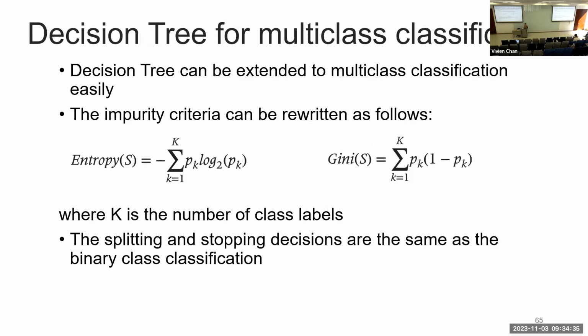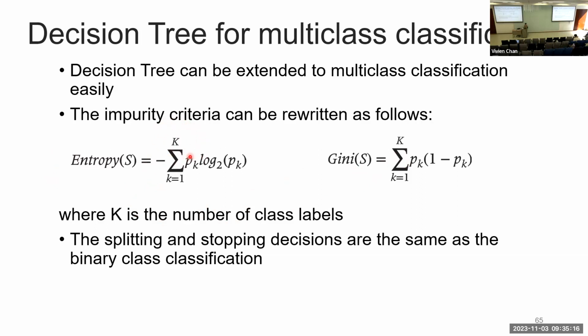Then the decision tree is also very easy to extend to multiple class classification. If you remember, for decision tree, we need to calculate the impurity after splitting on a particular node. For impurity, there are mainly 2 criteria that we have discussed before: one is entropy, the other is Gini. If we extend from binary class to multiple class, these two have generalized formulas if we have k number of classes.